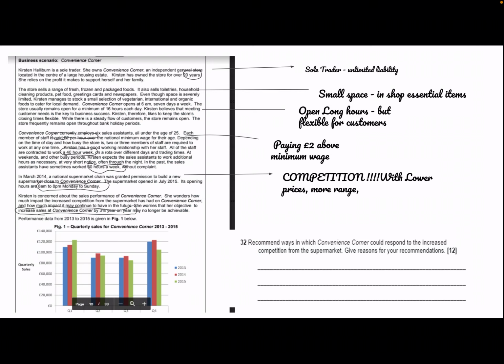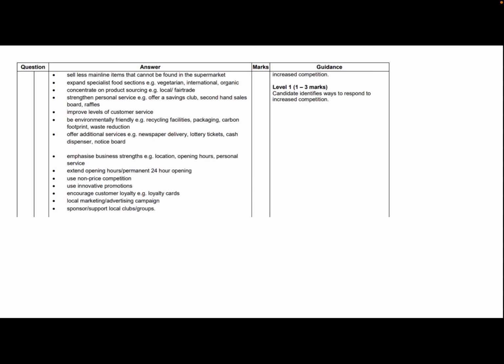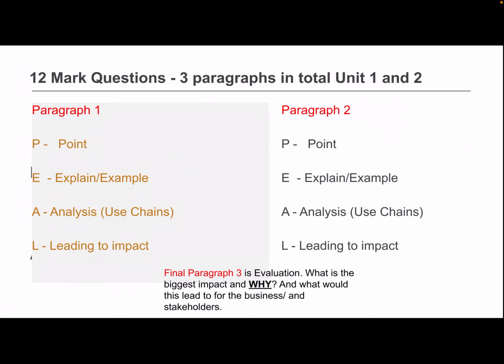So we're going to take a look at how we would set that out using our 12-mark question techniques. For example, we would use our point, example, explain, analysis and leading to, for paragraph 1.